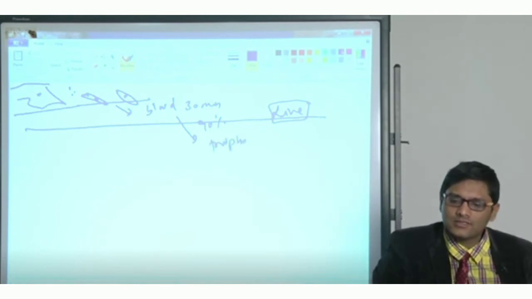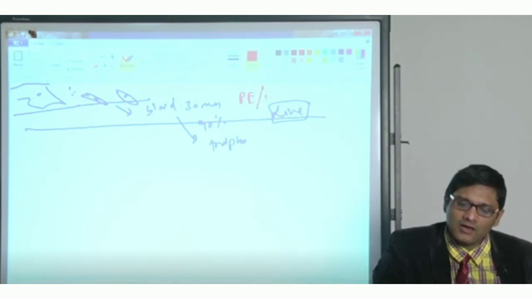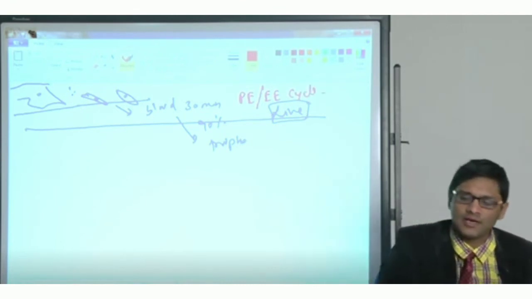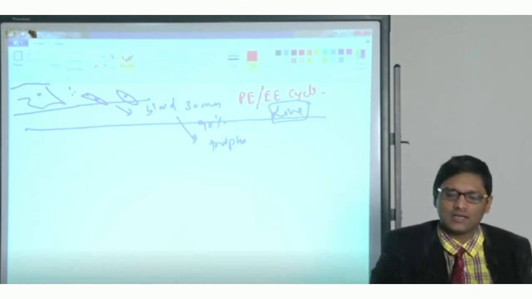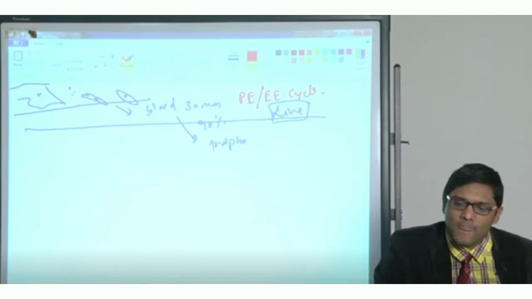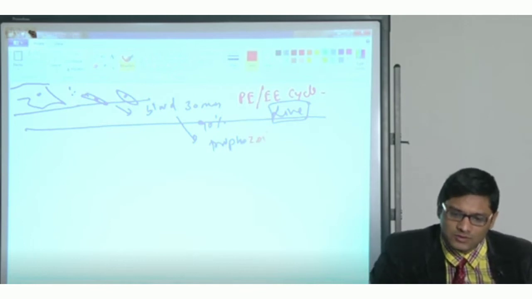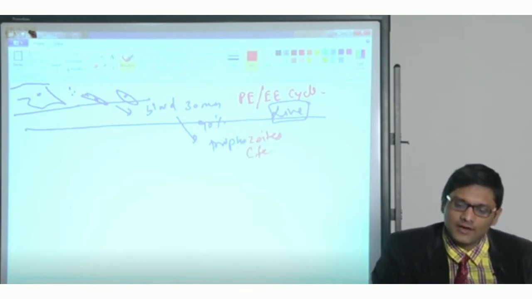The liver cycle is called hepatic cycle or pre-erythrocytic or exoerythrocytic cycle. All are the same: pre-erythrocytic, exoerythrocytic, hepatic cycle. And in liver, the 90% of the sporozoites form trophozoites. Trophozoites are the feeding stage of the parasite.